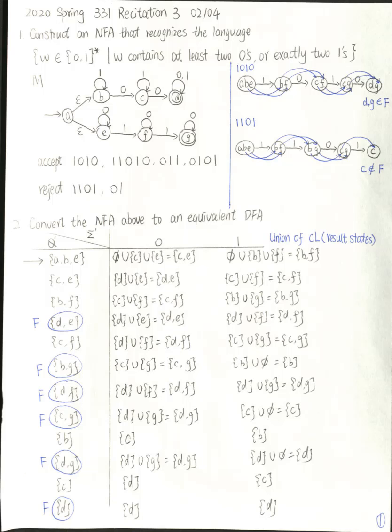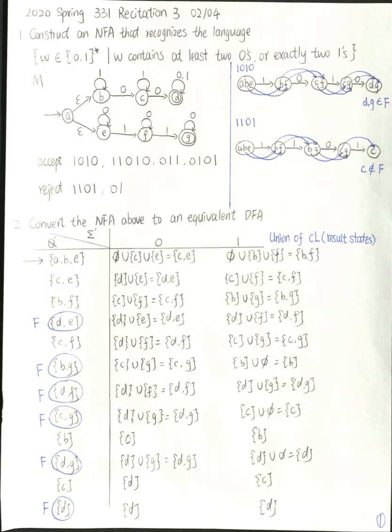For the alphabet, we only have 0 and 1. So we only need to consider these two cases. If your alphabet is 0, 1, 2, then in this table, you need to consider those three cases, 0, 1, 2.